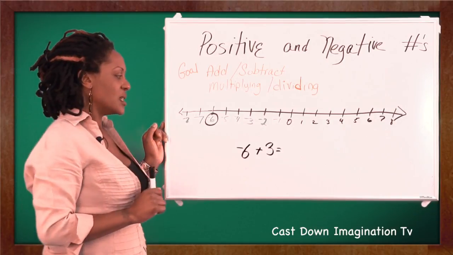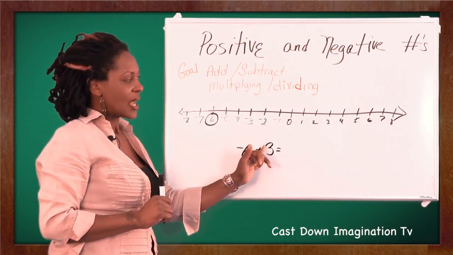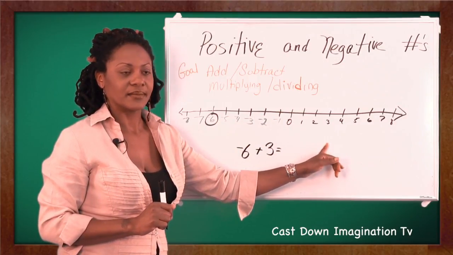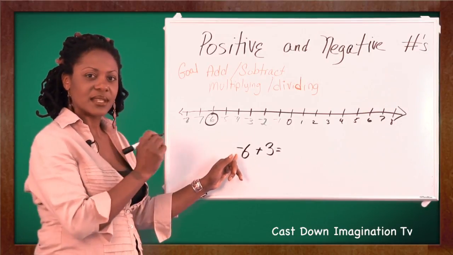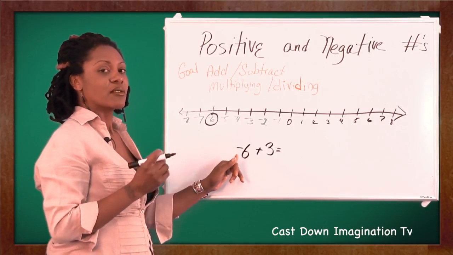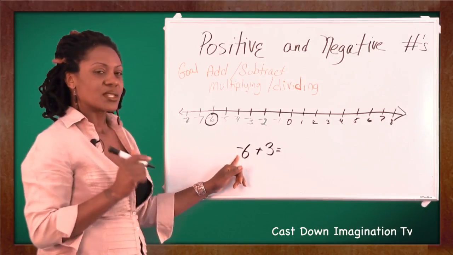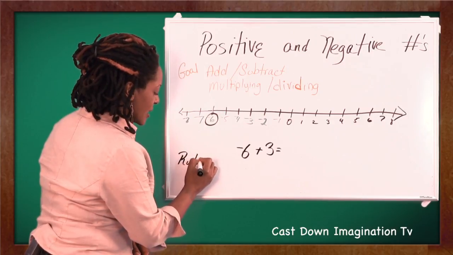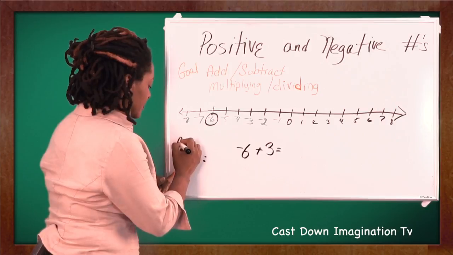Now here's what you need to know. Whenever there is no sign, we automatically assume and know that the number is positive. If it's a negative number, it will always have this little dash and little minus sign, reminding you that it's on the negative side of the number line. So what is our rule for adding? Get ready to write. Rule for adding.